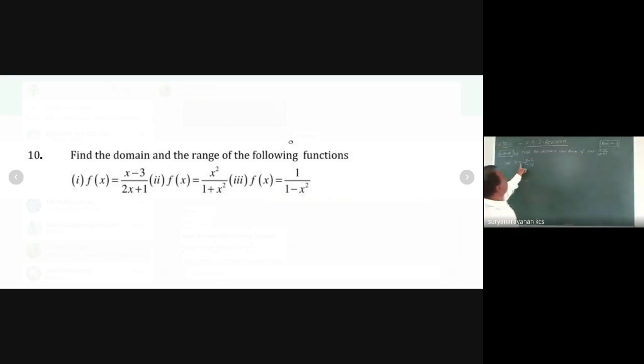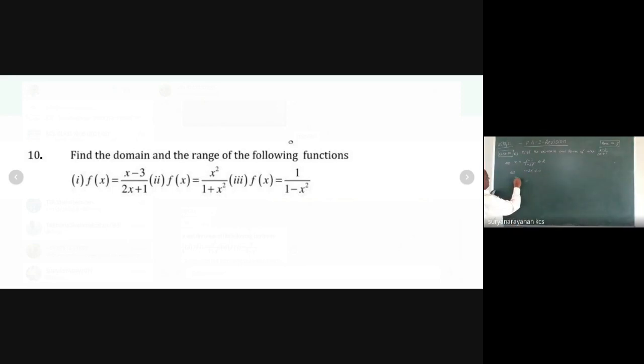So here x is also a real number. So this function is also a real number, belongs to R. This implies it is also a rational function. Numerator is a polynomial and the denominator is also a polynomial. Yes or no? So 1 minus 2y should not be equal to 0. Denominator should not be equal to 0.